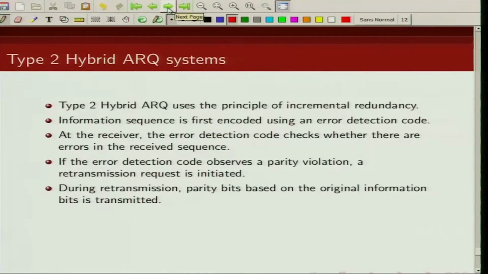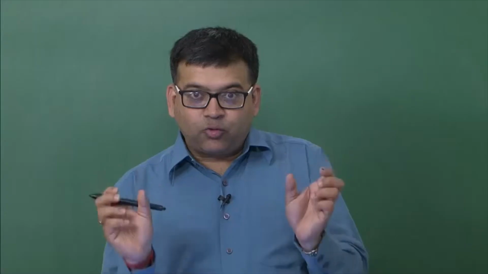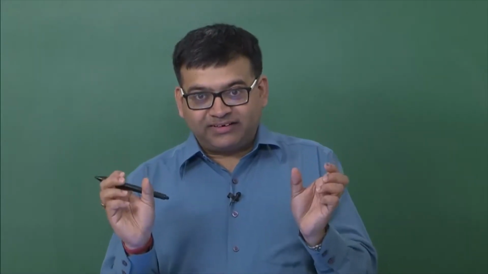So the new packet that we will send will have some parity bits based on the information sequence. Now if you remember, during initial transmission we are sending only the information sequence coded using an error detecting code.